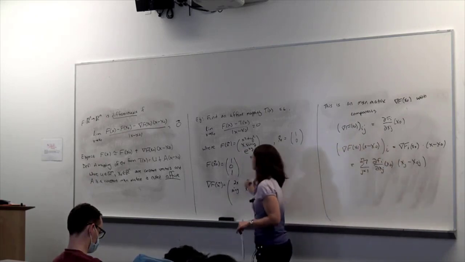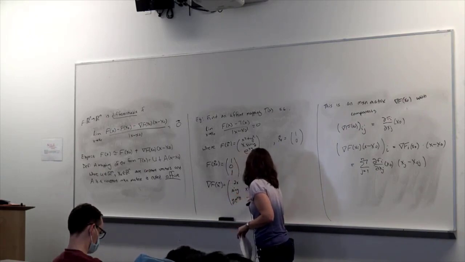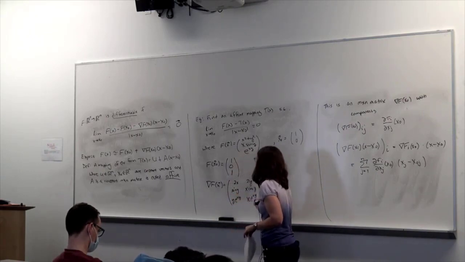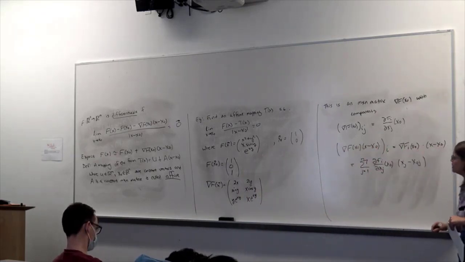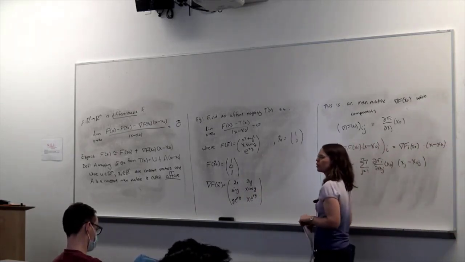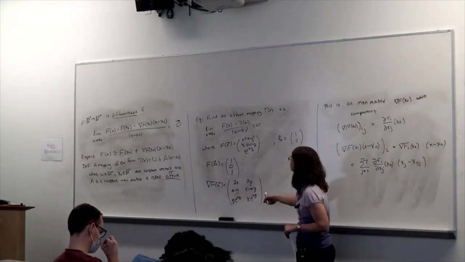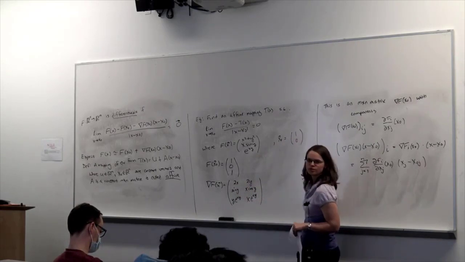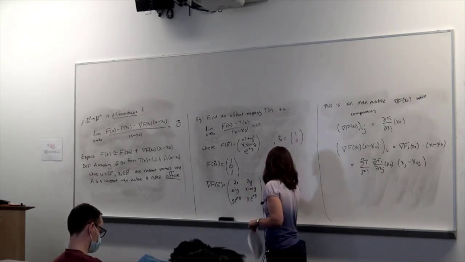And the gradient of this function, so y e to the xy and x e to the xy. Now we don't need to keep all of these nonlinear functions in here. We only care about this at this particular point, x naught. So we plug x naught in.